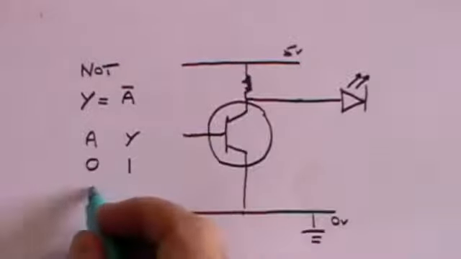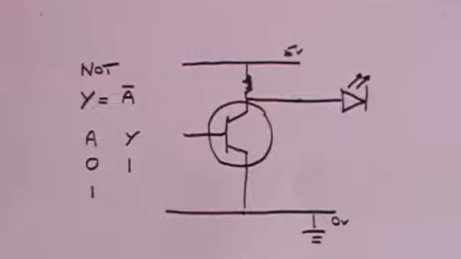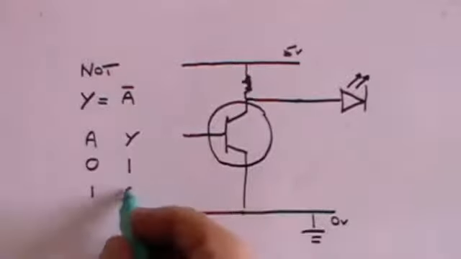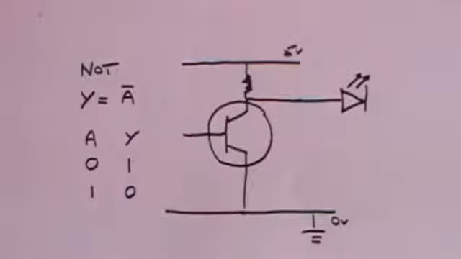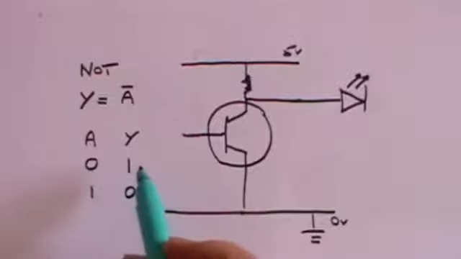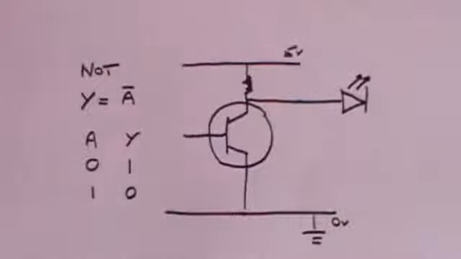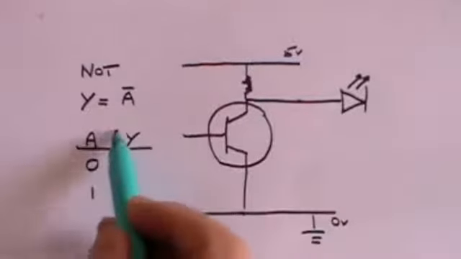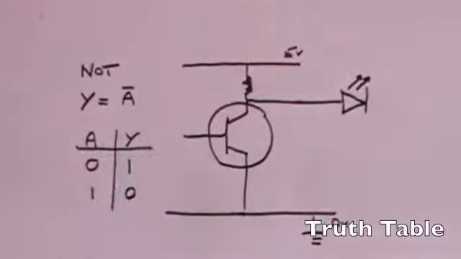On the other hand, if you have a voltage on the input, you'll get no voltage on the output. And so this is an inverter. Whatever you put in the input, you get the opposite in the output. And this is essentially known as a truth table. And we shall be drawing more of these for other devices.